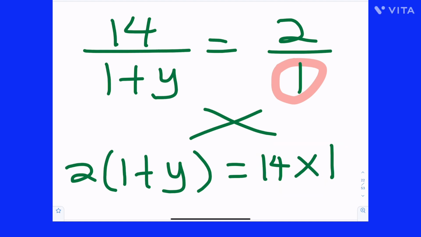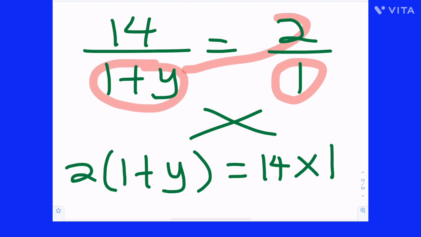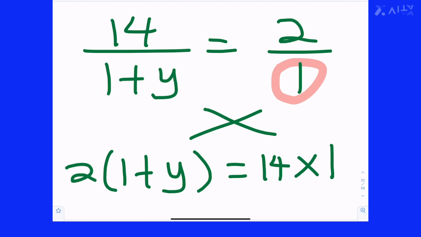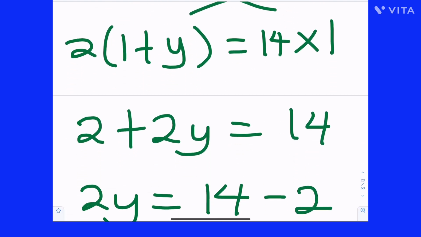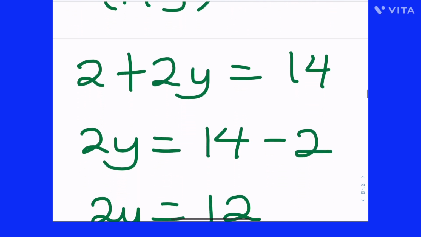Then 2 times 1 plus y is what? 2 plus 2y. Here, you expand bracket step by step. 2 times 1, 2. Then what? Next, 2 times y, plus 2y. Because the y is positive, the 2 is also positive. So 2 plus 2y is equal to 14.